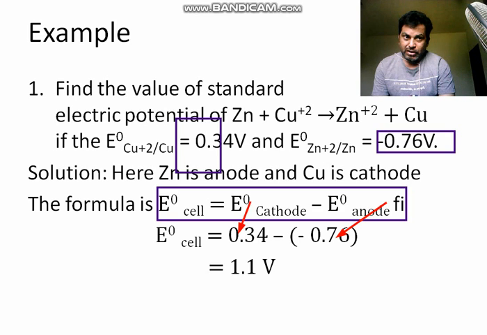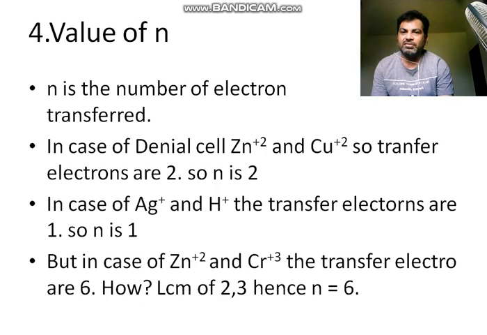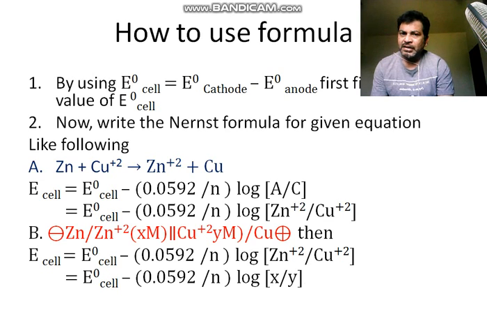So first you have to do E degree cell is equal to E degree cathode minus E degree anode. Now write the Nernst formula for the given equation. Now there we have written anode and cathode. Okay, so now in the second step we have to find out what is given.